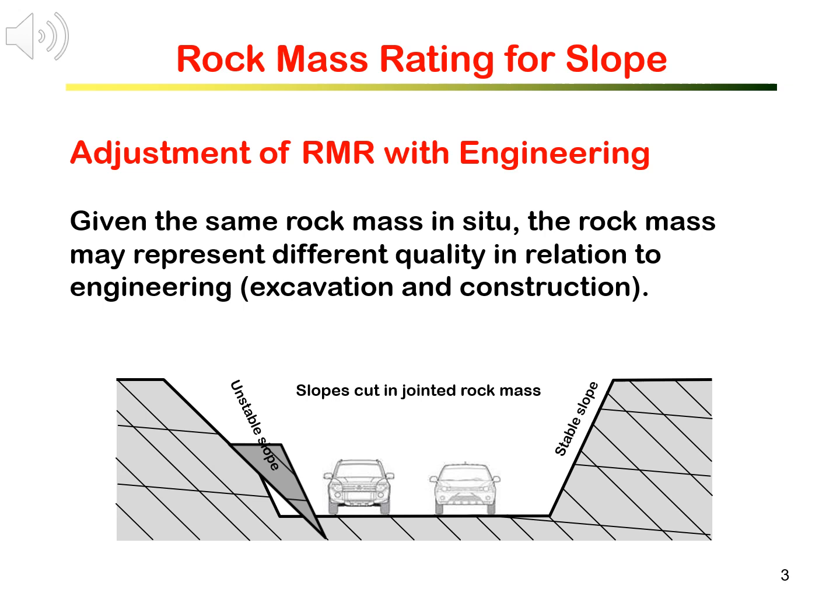In other words, the quality of rock mass on each slope now are very different. The rock mass of left slope is poor and unsafe, while the rock mass on the right slope is good and safe.